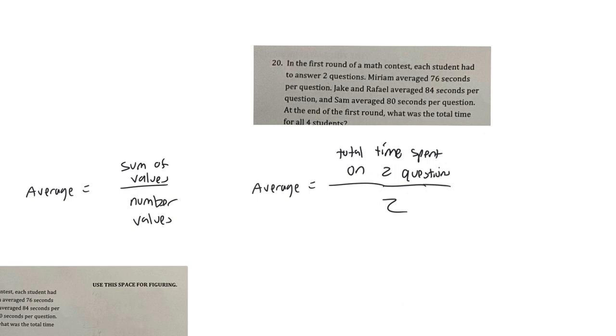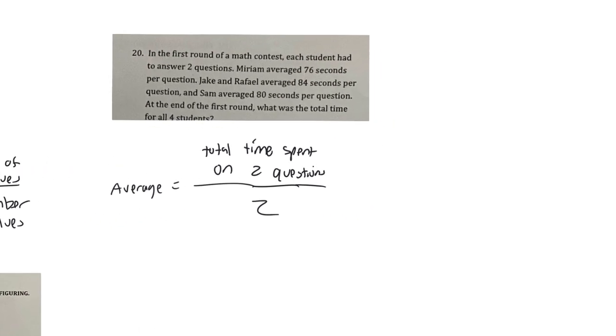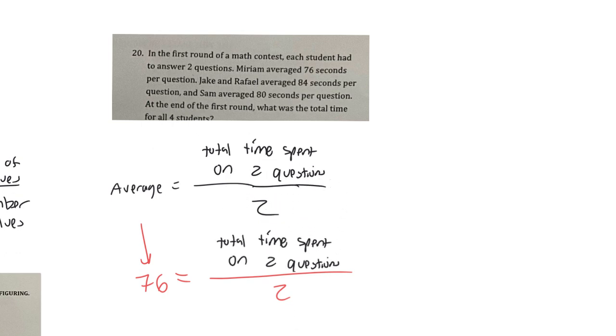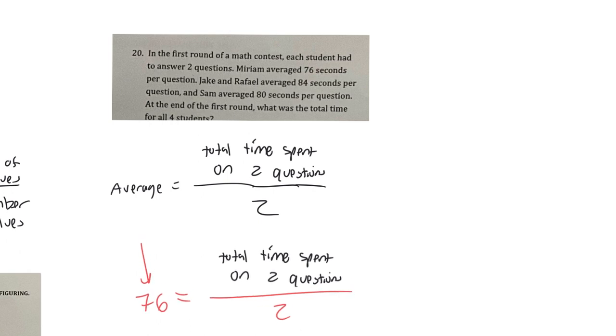So my thought is, why don't we recognize that something sort of happens here. For example, Miriam averaged 76 seconds per question. So we know that her average was 76 per question, and that is most definitely going to be a 2 down below. And then on top, we know that it's the total time spent on the two questions, right?